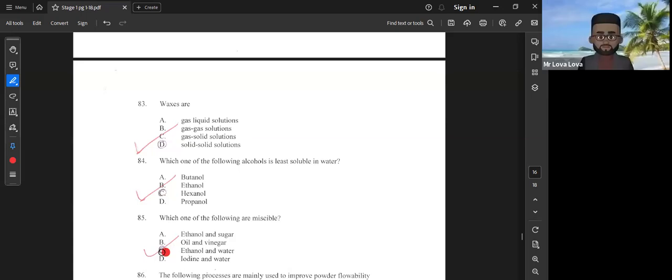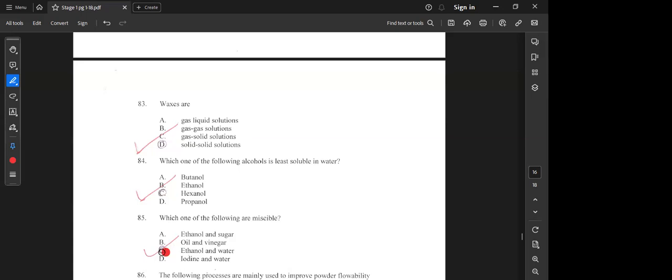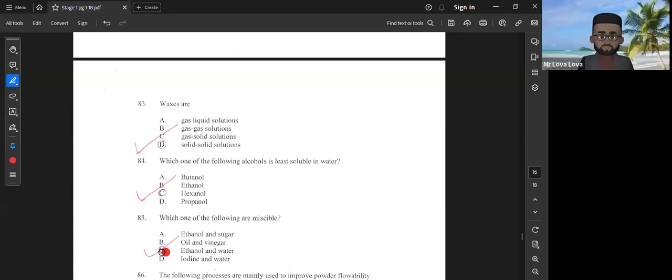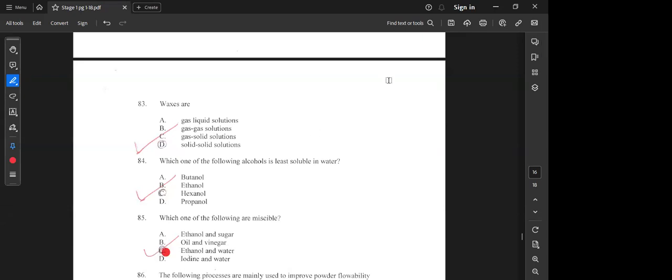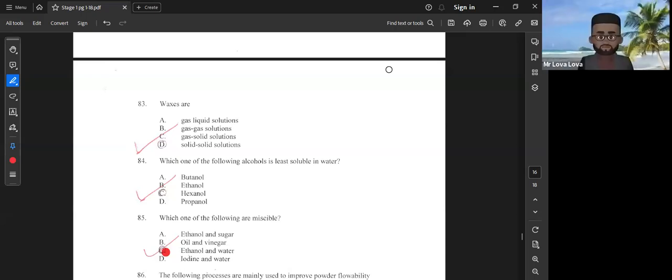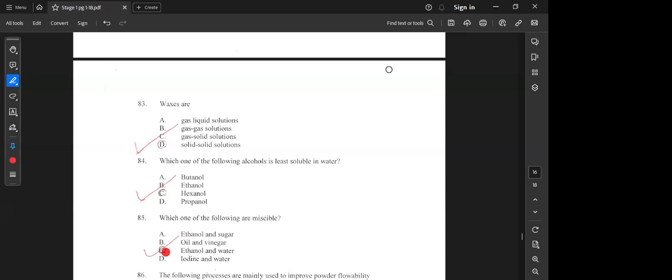Which ones are miscible? Ethanol and water. Okay. I've never tried ethanol and sugar. Try it and tell us.